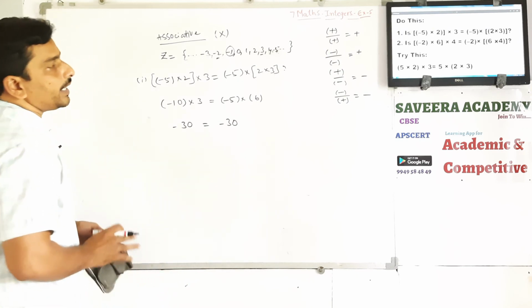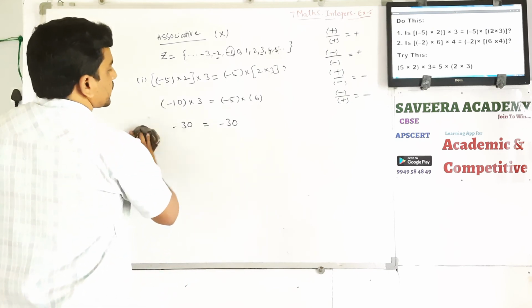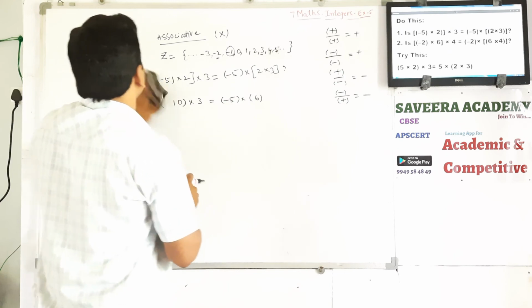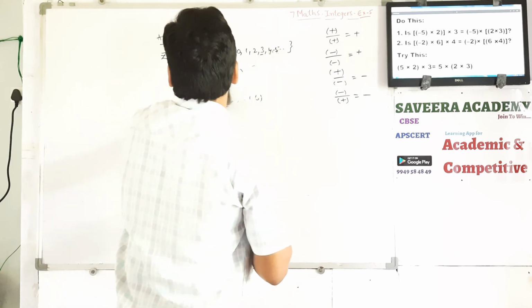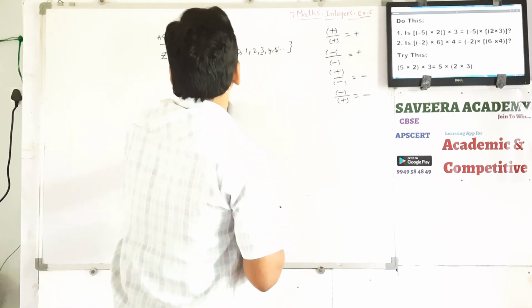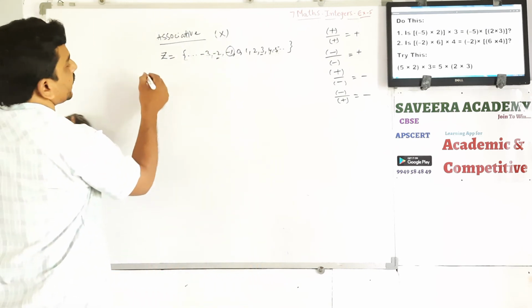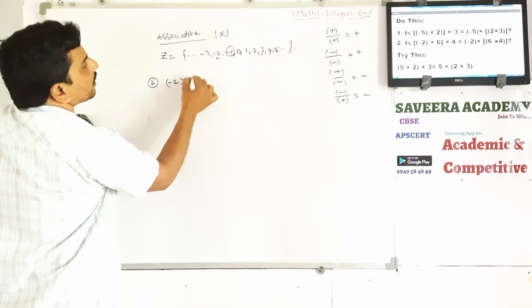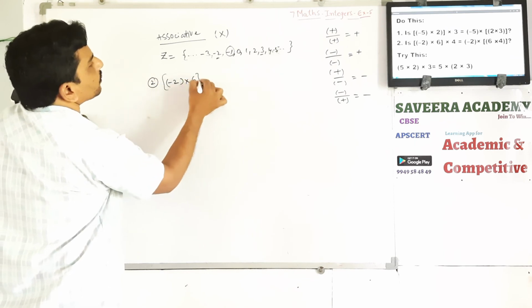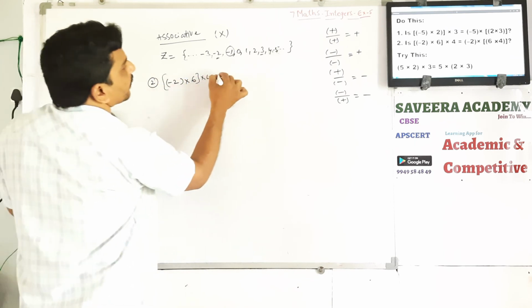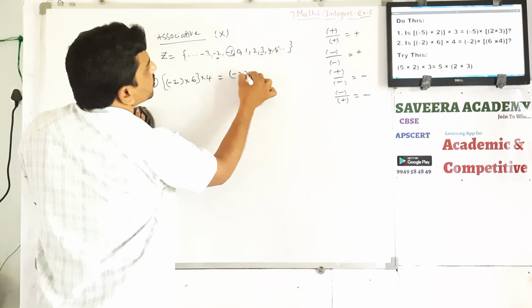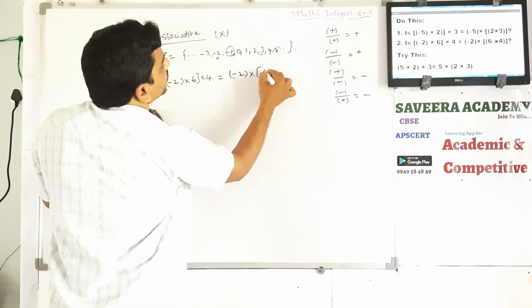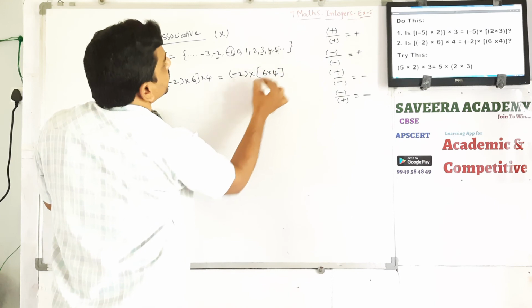Okay. Next, second one also, let us see. What is the second one? Minus 2 into 6 into 4 is equal to minus 2 into 6 into 4.